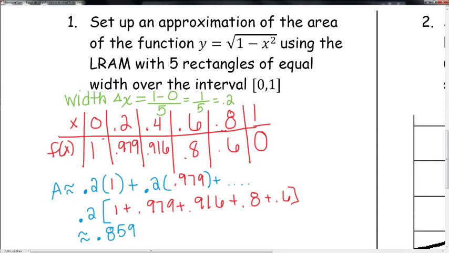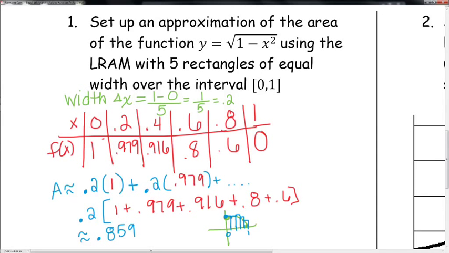Let me give you a quick picture of what I'm talking about. If I graph these points, it's going to look something like this. If I break up from 0 to 1 into widths, there's 1, 2, 3, 4, and here's my 5th one. I create rectangles with the height of the left-hand corner of each rectangle.